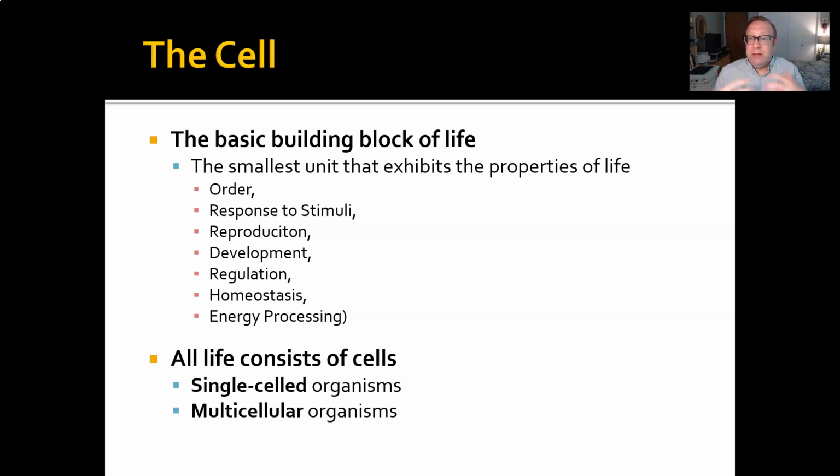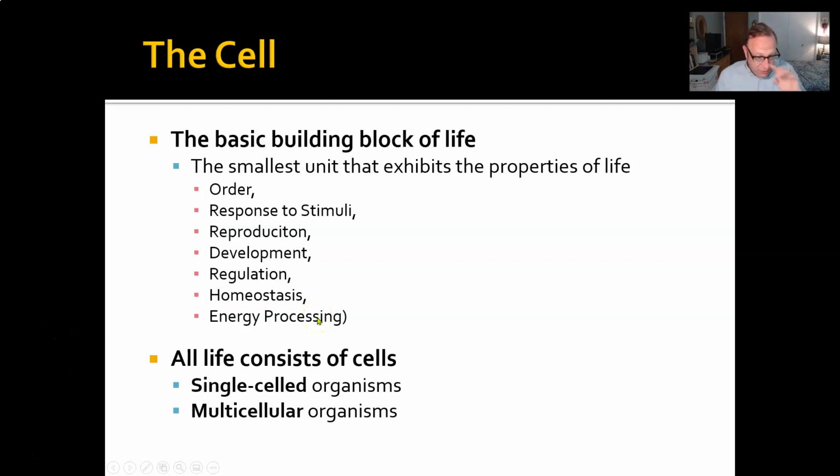Development, so it grows or changes, regulation, so that it maintains some kind of chemical consistency, homeostasis, which keeps things from getting out of whack. And finally, energy processing. We think of that as eating, okay? Plants think of it as photosynthesizing. Well, plants don't think of it, but still.